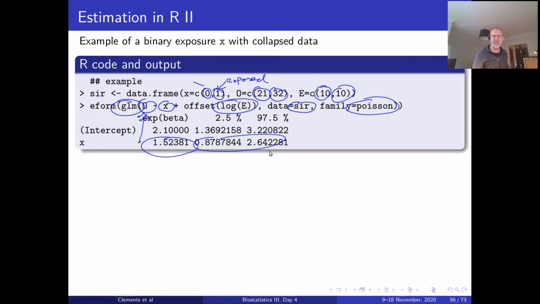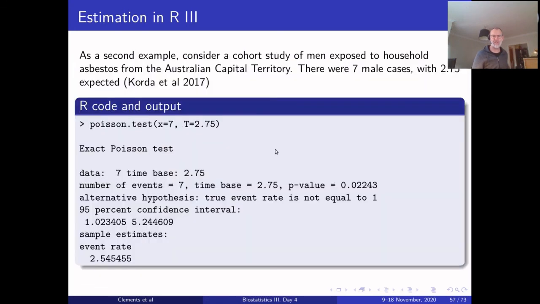To show an example which is restricted to only those exposed, I was involved in a cohort study of men exposed to household asbestos from the Australian Capital Territory. We did a huge record linkage study, and then classified individuals who were actually in homes that were measured to have high levels of asbestos exposure.